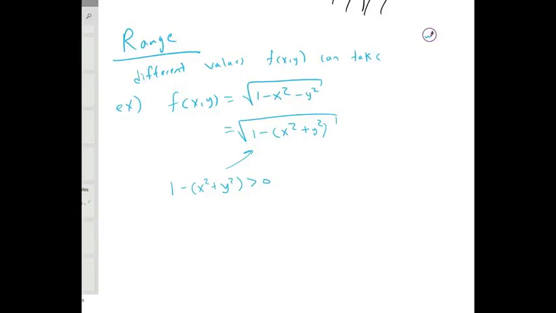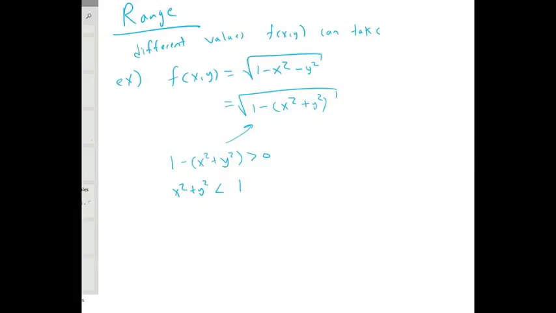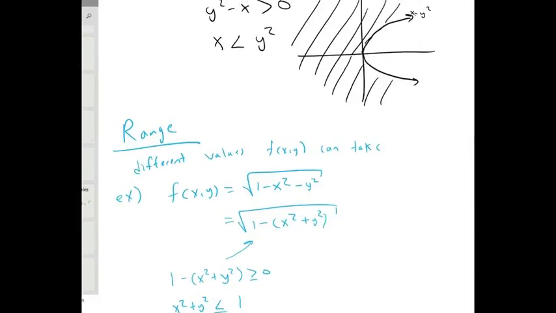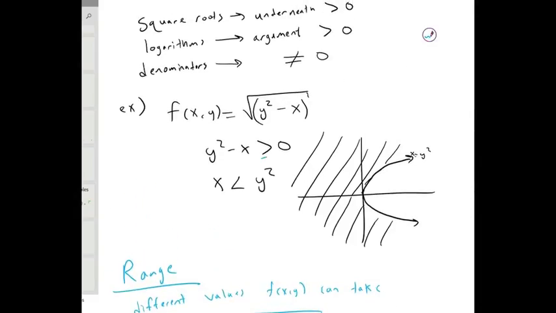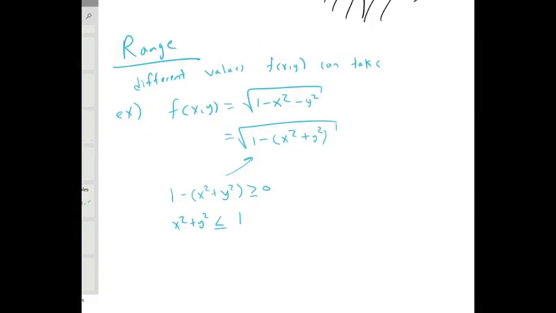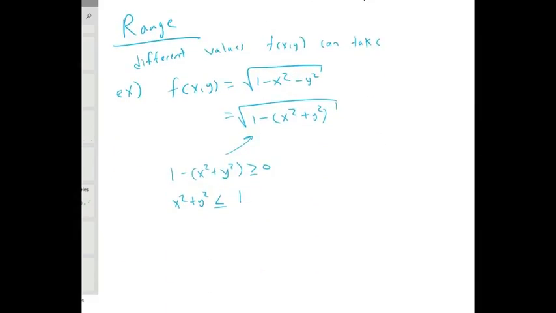So that means that x squared plus y squared must be less than or equal to 1. I should have added the equal to here too. So that means the maximum value this can be is 1.